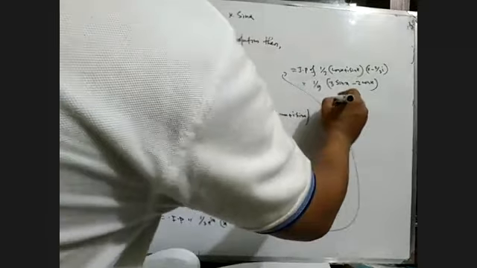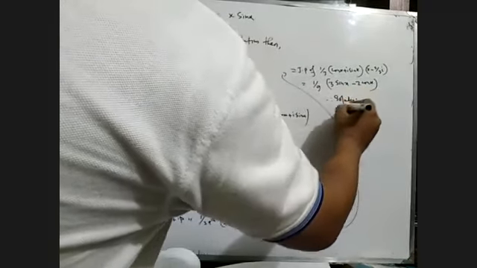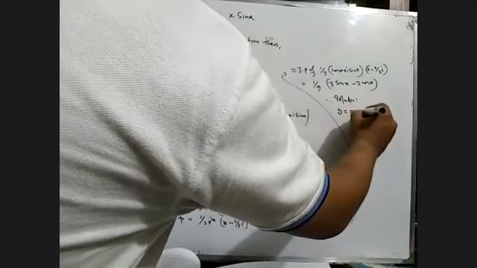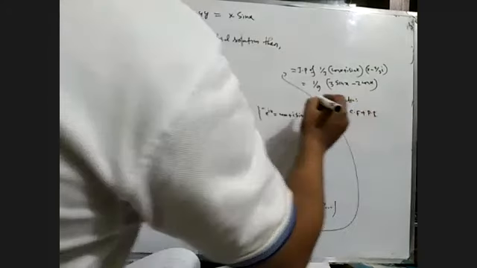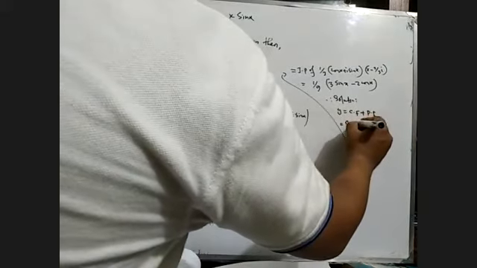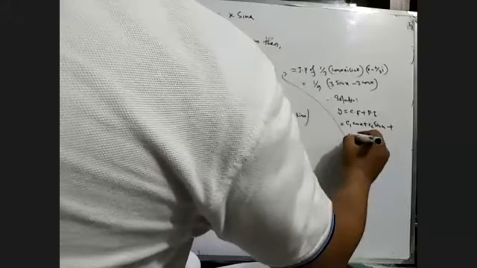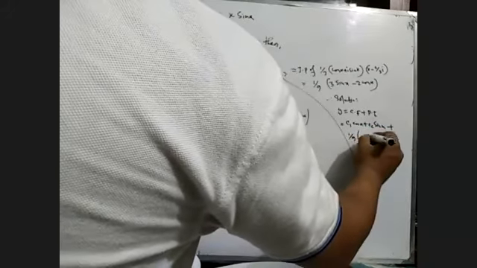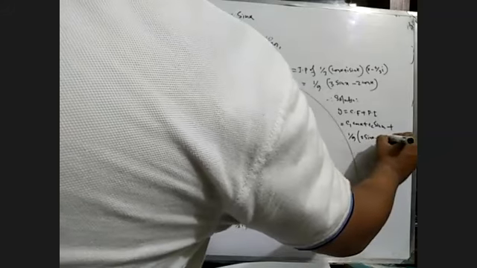Therefore, the complete solution: y equals complementary function plus particular integral. Complementary function, what? This one: C1 cos x plus C2 sin x, plus particular integral 1 by 9 into 3x sin x minus 2 cos x.